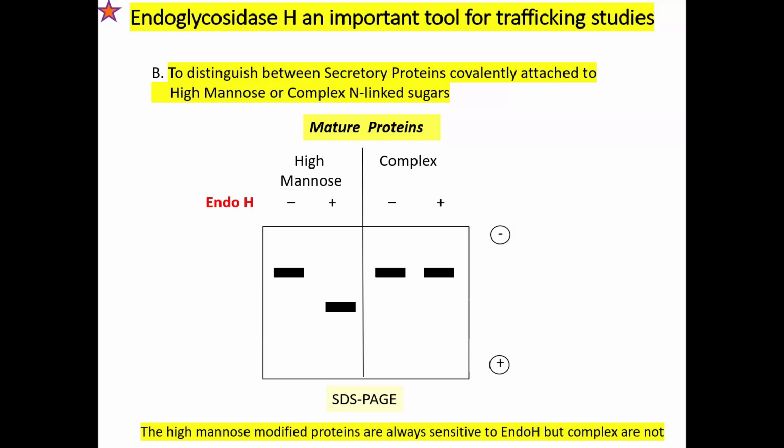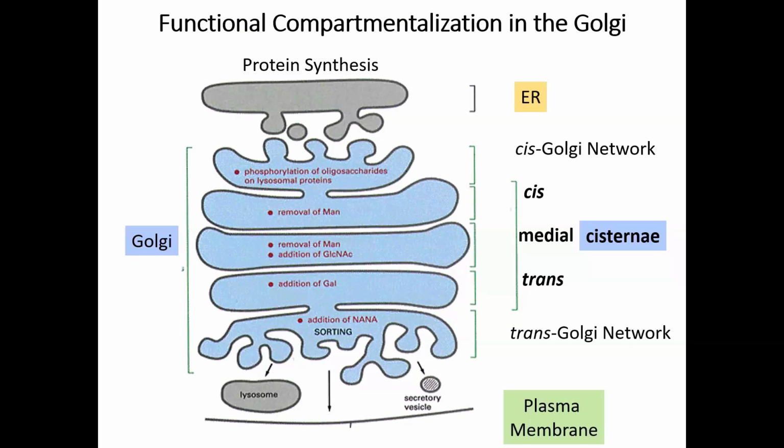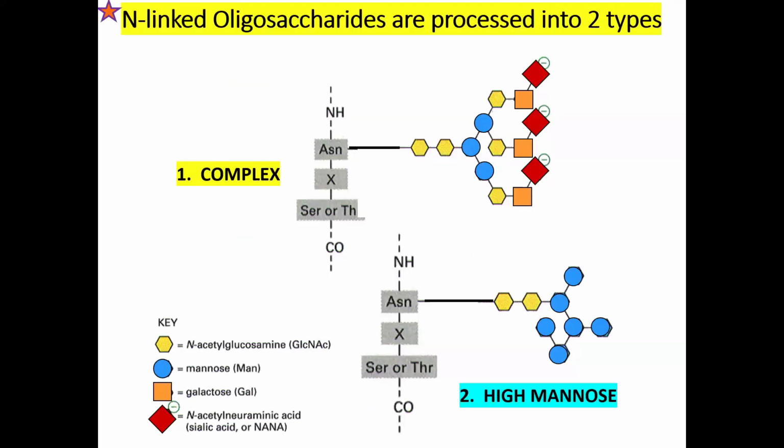What does it mean? We have two gels. Remember that whenever we are doing these studies, we are taking the matured protein, and these proteins can be either complex or high mannose.